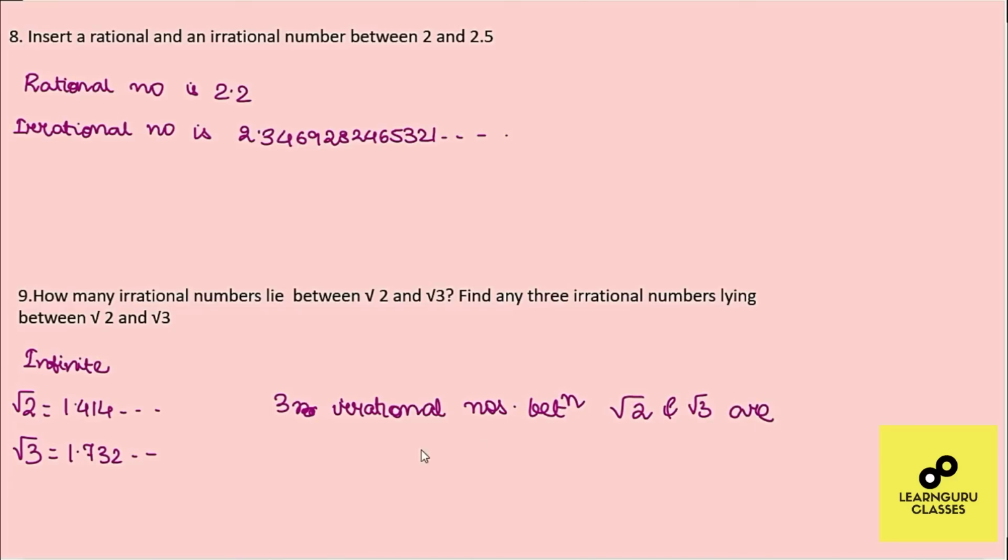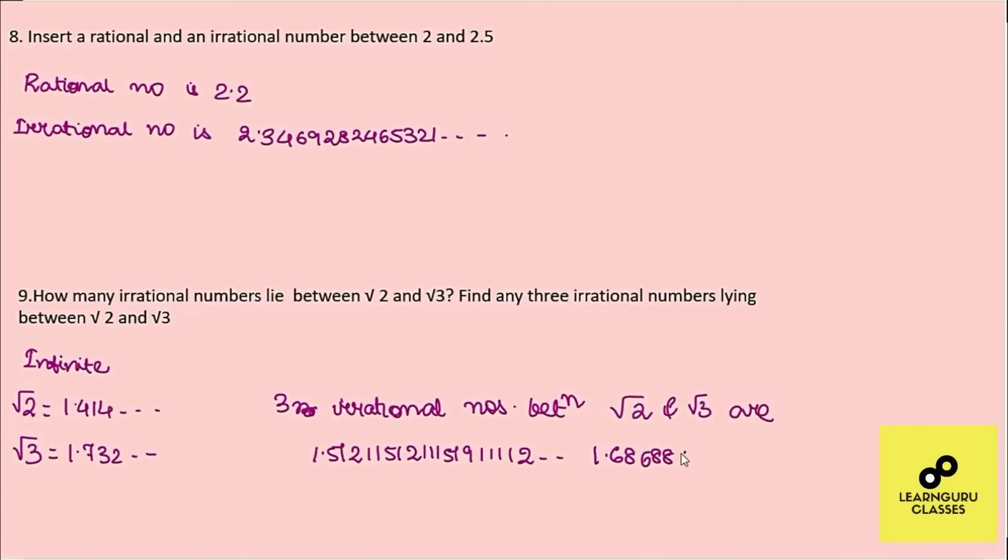1.512, 11512, 111, 519, 2. So this is an irrational number. Next I can give as 1.6, 6 8, 6 8 8, 6 888, 6.